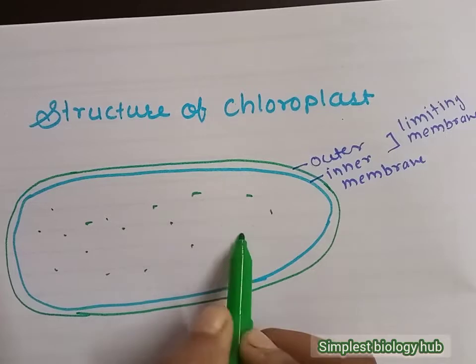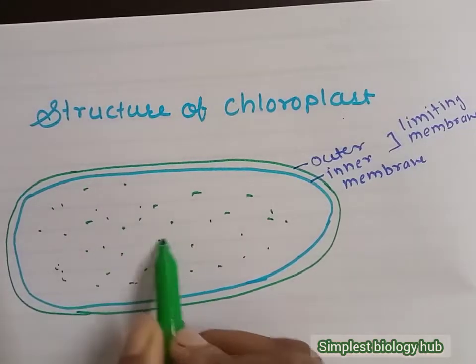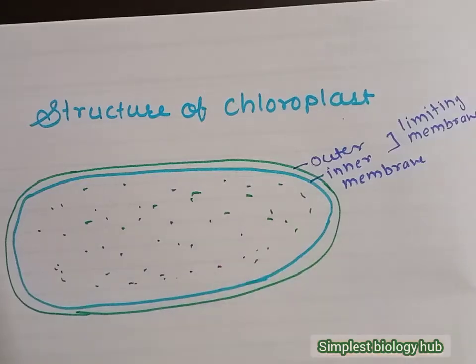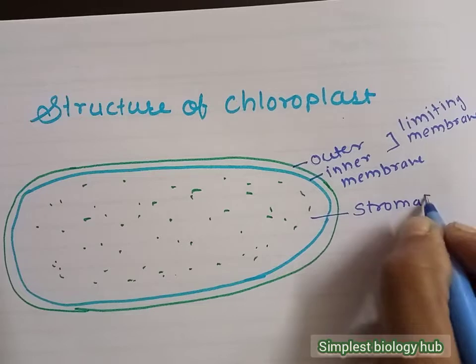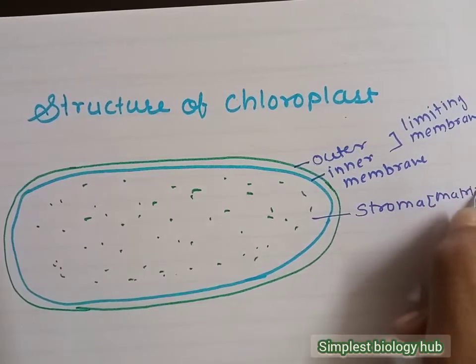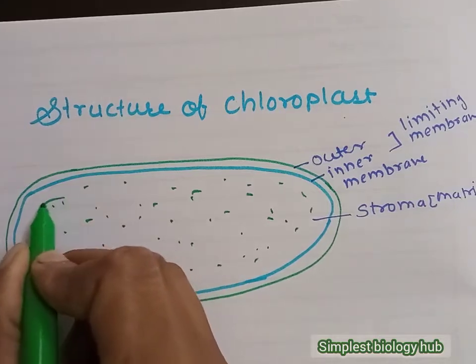That is the matrix region of the chloroplast, and that matrix we call the stroma. It is rich in a number of enzymes, and many ions are also present in the matrix region.